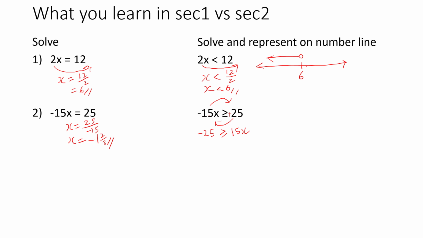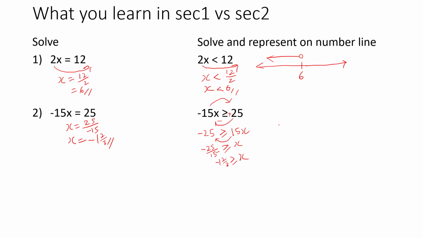So once you have done this, it's pretty straightforward already. 15 you can move over to become divide. So you have negative 25 divided by 15 is larger or equals to x. Then you have negative 1 and 2/3 is larger or equals to x.